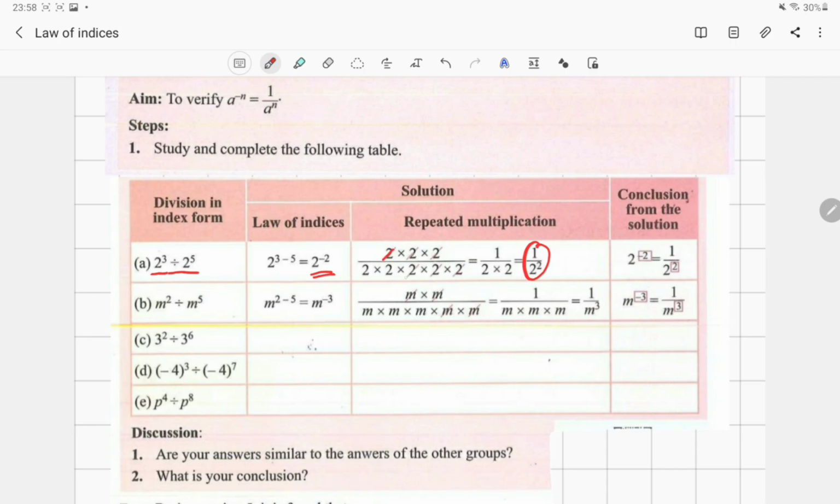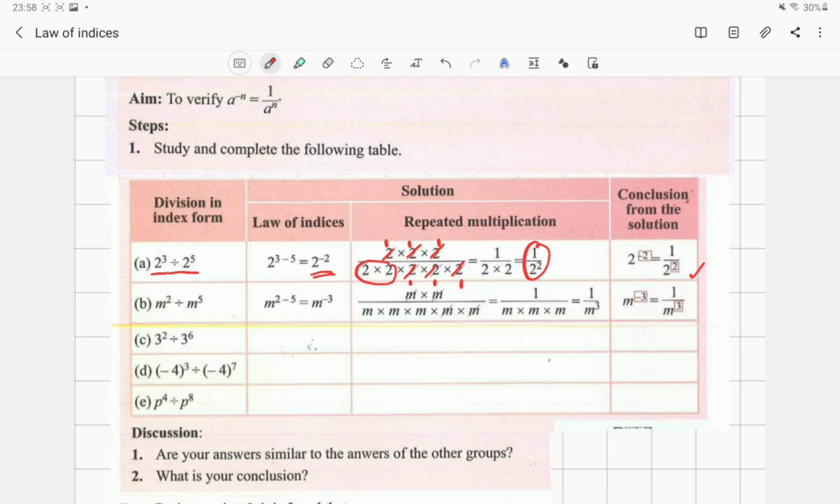Because this one we can simplify here, and then we simplify this one, then we simplify this one. So we only have here 2 times 2, which is 2 power of 2. 1 over 2 power of 2. So the conclusion that we can make here is 2 to the power of negative 2 is equals to 1 over 2 power of 2.